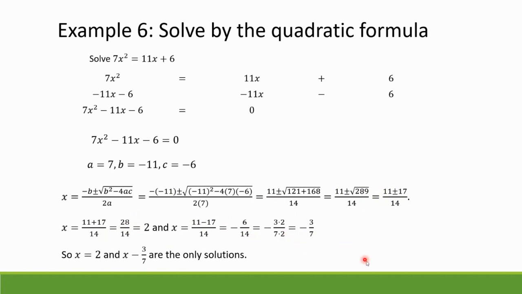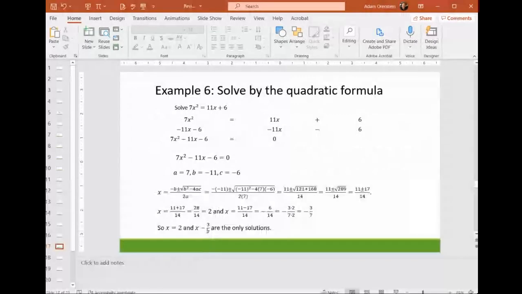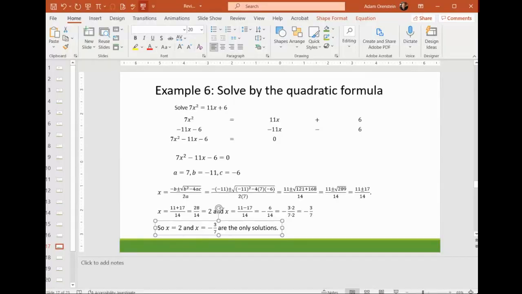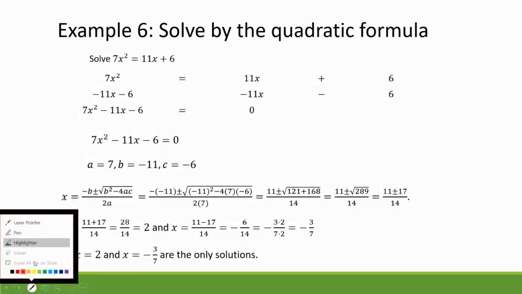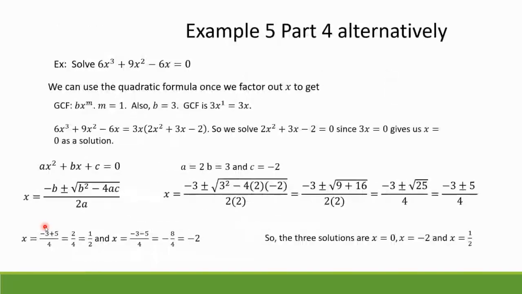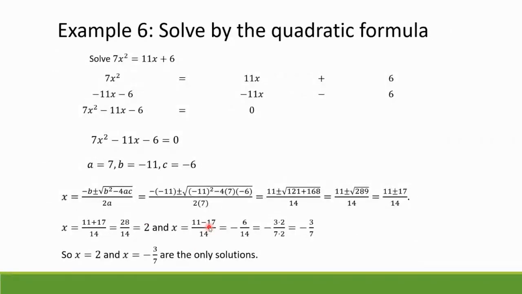And then you could reduce that to negative 3 over 7. You don't have to, though, but you can. Okay, and of course, we get the same solutions as here. Actually, no, sorry, not that. Wrong problem.